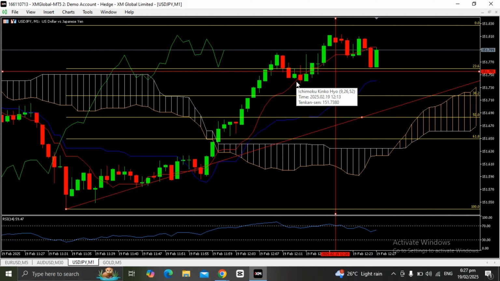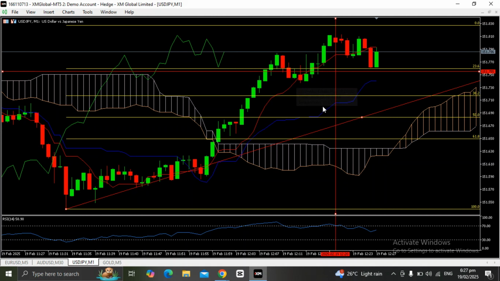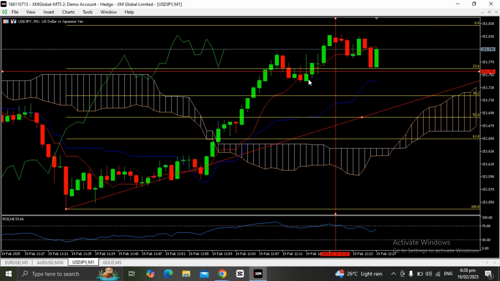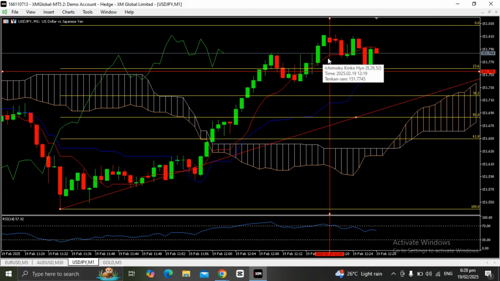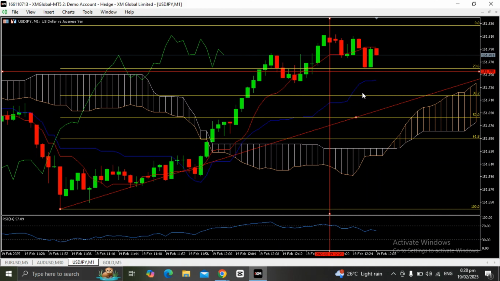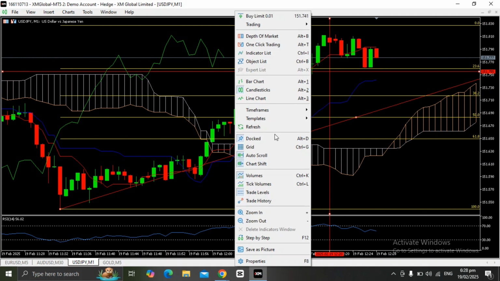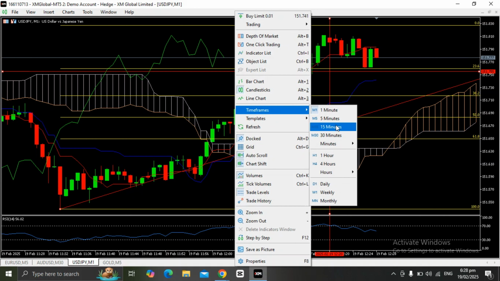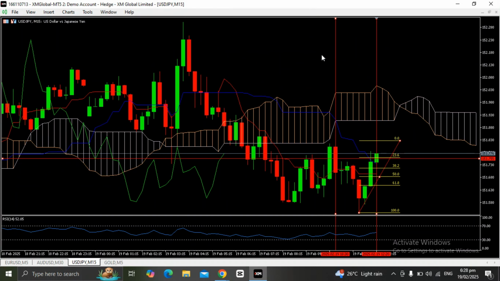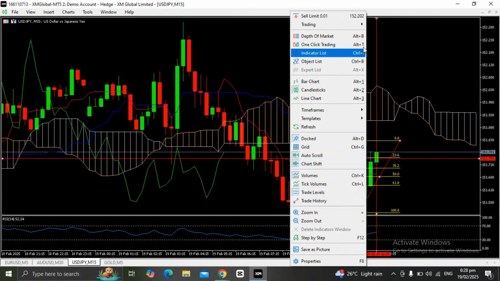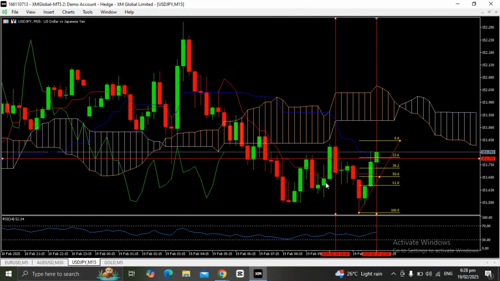If this red one is above the blue line, then it means that the price is bullish. Okay, although of course we will see fluctuations. So that is for the 1 minute. Okay, but on a 15 minute, so now let's go back to the 15 minute, of course, it is bearish.